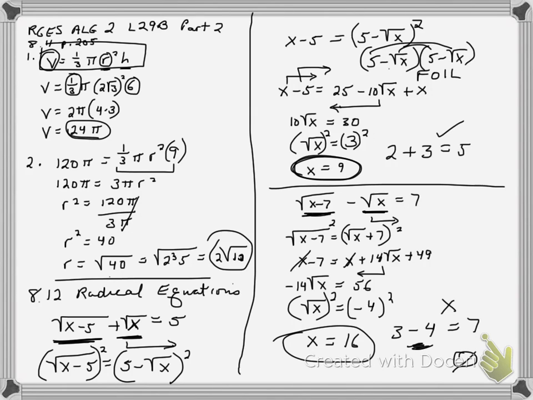Okay, if you're looking then on the next page, on page 208, they start you off simple. Quite a few of the problems only have one radical, all the way until we get down to 12.